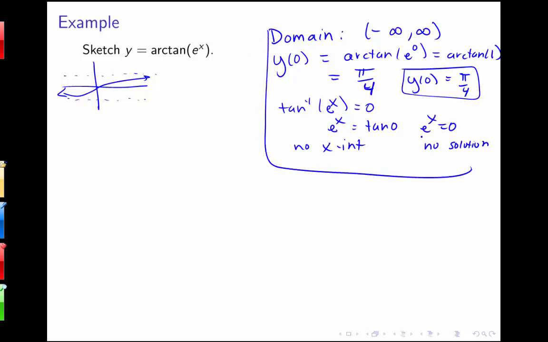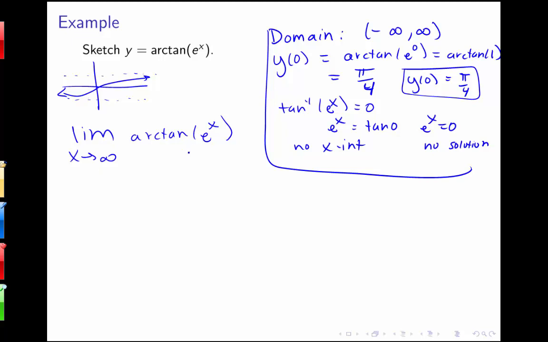Okay, so let's see, what should we look for next? We probably want to look at whether there's any asymptotes for this particular graph. So let's take a look at the limit as x goes to infinity of arctangent of e to the x. So I think we might have seen this limit in a previous section, and now we're going to see how it's used to find asymptotes.